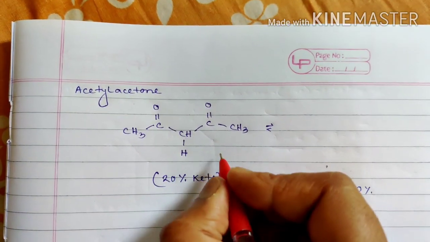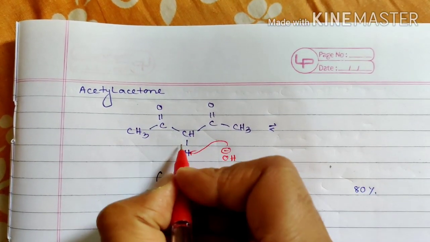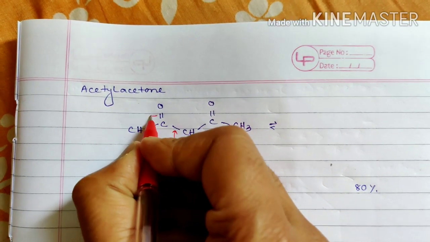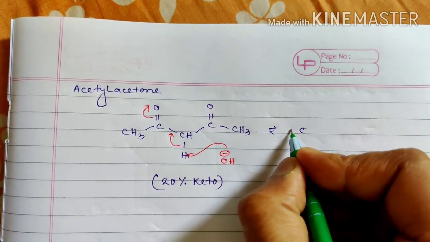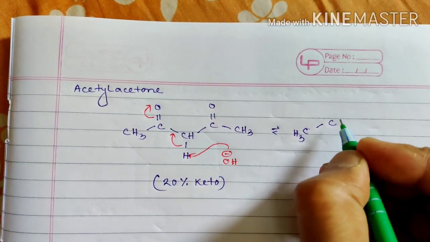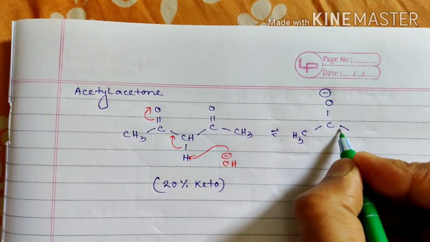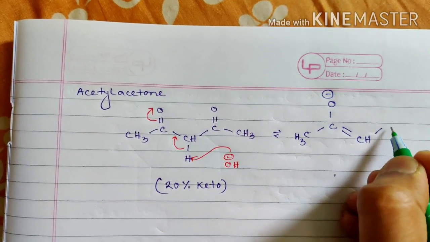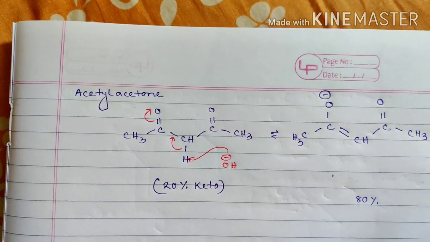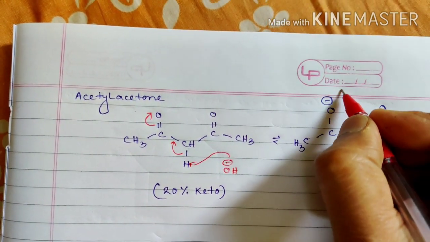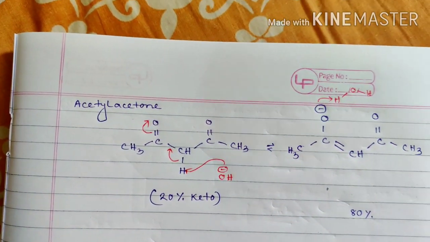With the base catalyzed mechanism, if the OH minus attacks here, this bond will come here and this bond will go here. So it will form CH3 C O minus, here there will be a double bond, CH C double bond O CH3. And of course, as we know from water, this will form OH.